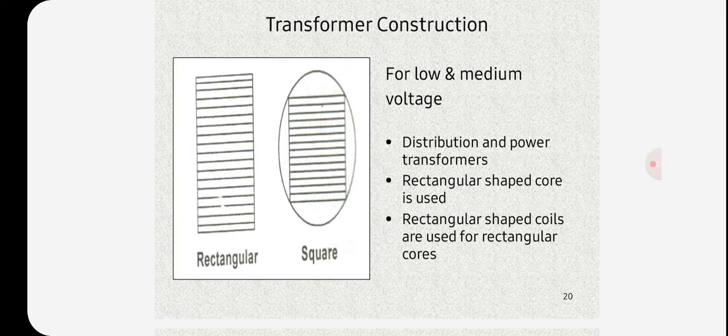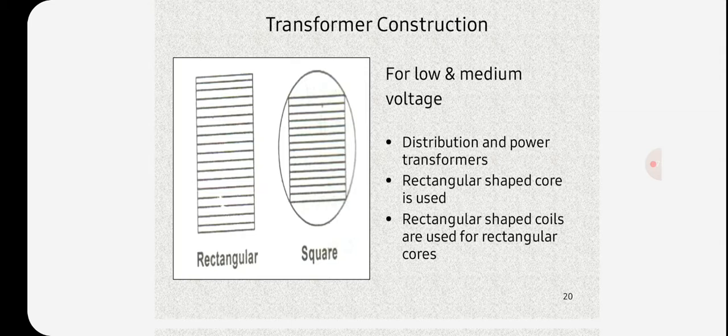So in core type transformer, leakage flux can be minimized by placing half of both the low voltage and high voltage windings over one leg or limb and the other half of the LV and HV windings over the second leg. First, low voltage winding is placed over the core and high voltage winding is wound over the LV winding in order to minimize the amount of insulation required.